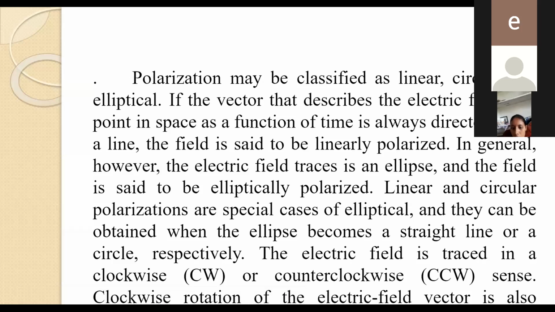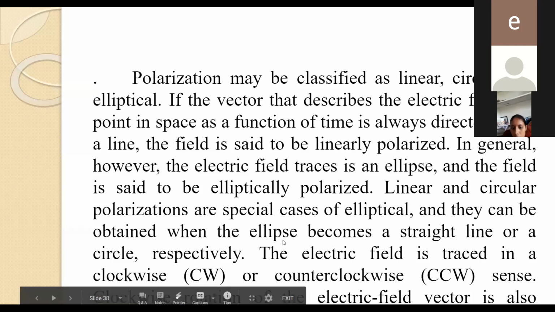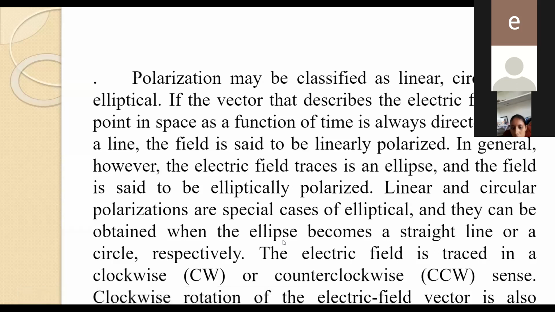So therefore, if the phase difference is positive or negative, for example, circular polarization results only when the amplitudes of two linear polarized waves are equal.